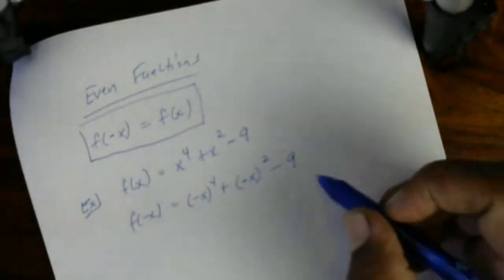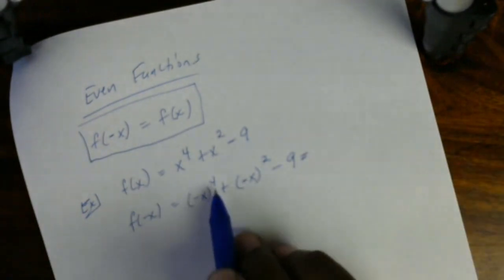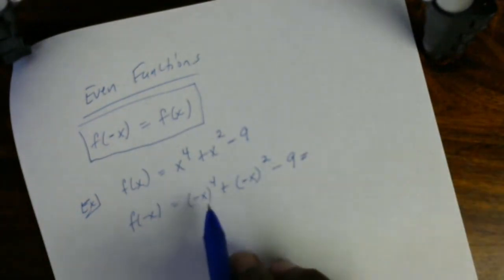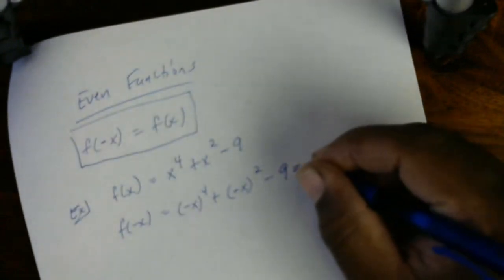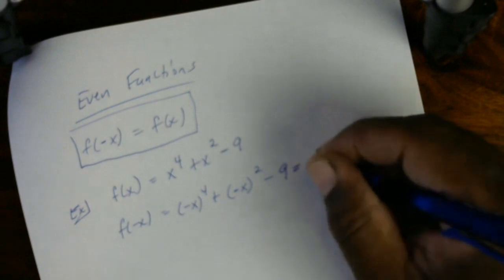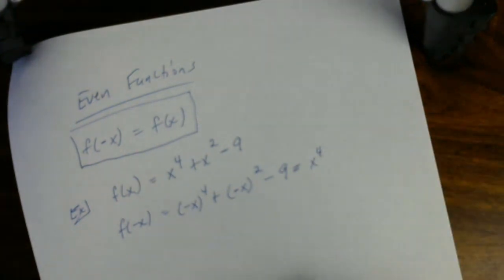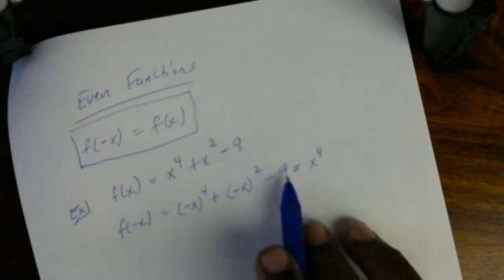And now I'm going to simplify. So negative x to the 4th power, well, a negative times a negative times a negative times a negative is positive. So that's going to simplify to give me x to the 4th power. Negative x squared, well, a negative times a negative is a positive.